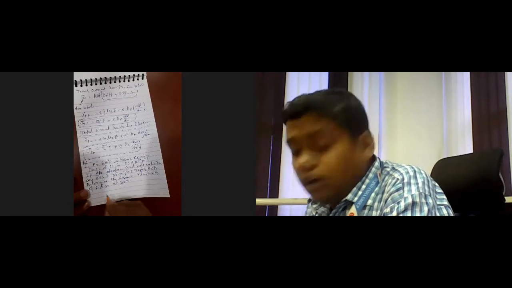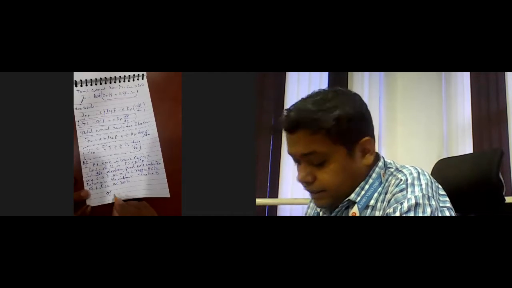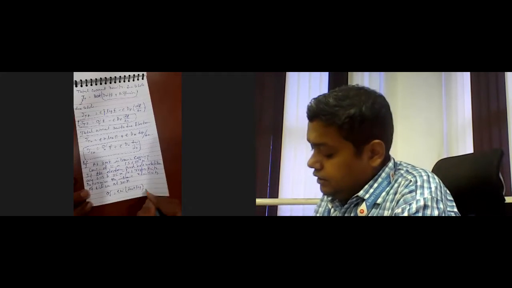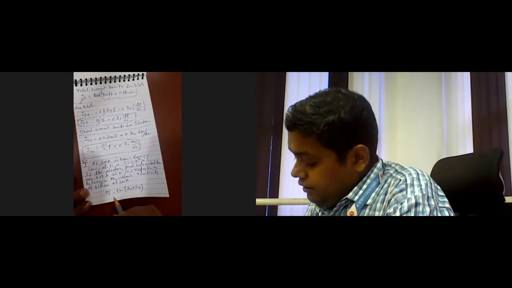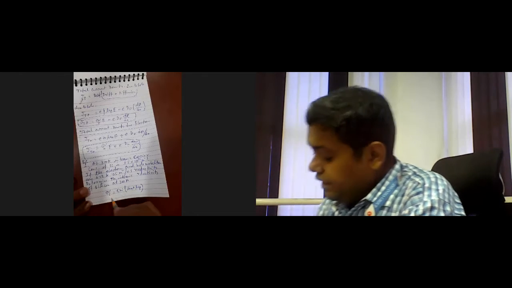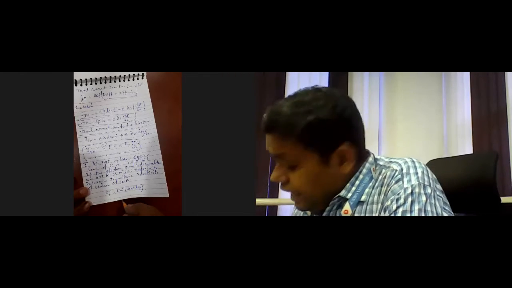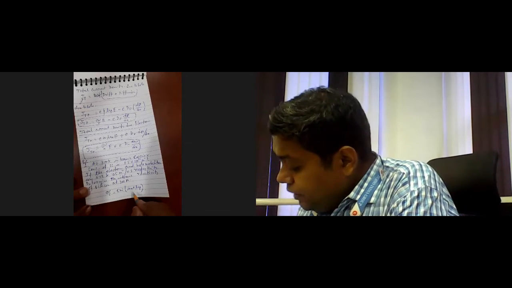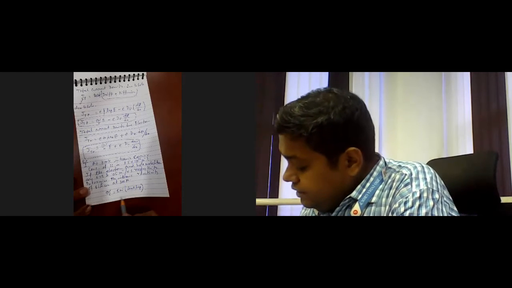So the formula of the conductivity, that is sigma i, equal to E into Ni into mu n plus mu p. This formula is very much relevant. This sigma is the conductivity of the pure semiconductor, the intrinsic carrier conductivity. E is the electronic charge, Ni is the intrinsic carrier concentration, and mu n and mu p are the mobilities of the electron and holes. So this is the sigma i.